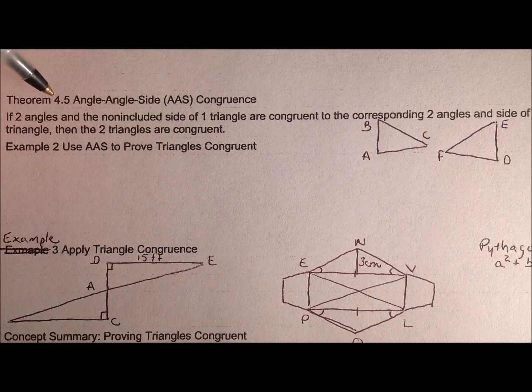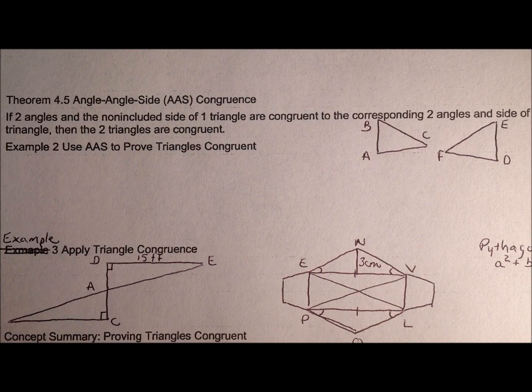Here we have angle angle side congruence, also referred to as AAS. In this, if two angles and the non-included side of one triangle are congruent to the corresponding two angles and side of a second triangle, then the two triangles are congruent.